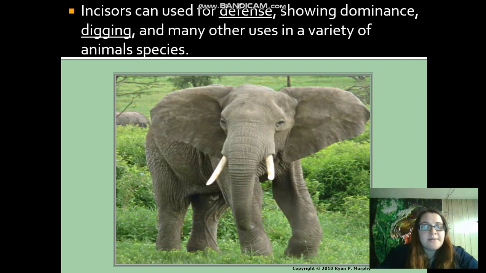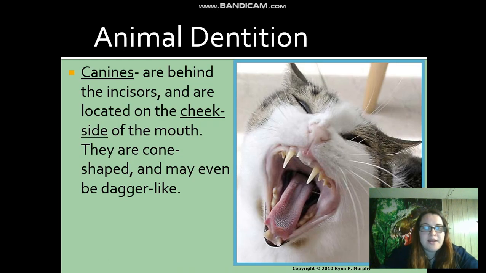Okay. Some incisors have actually grown and become a thing to show dominance, or to help the organism maybe dig a home, or to fight and defend themselves. So here we have an elephant, and its incisors actually turned into the tusk that it has.